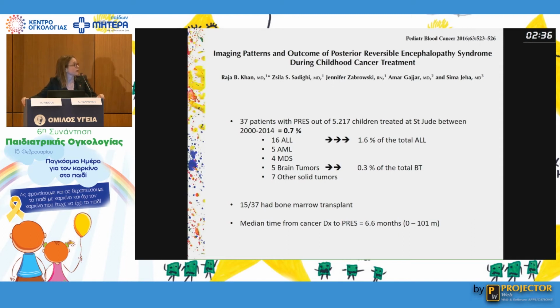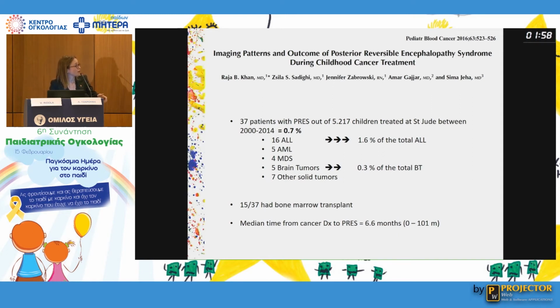Now, this is the result of a retrospective study on PRES in children treated for cancer at St. Jude Institution. They analyzed 37 patients with PRES out of their 5,000 children treated at St. Jude. So they calculated a prevalence of 0.7% of PRES in the pediatric oncology population.